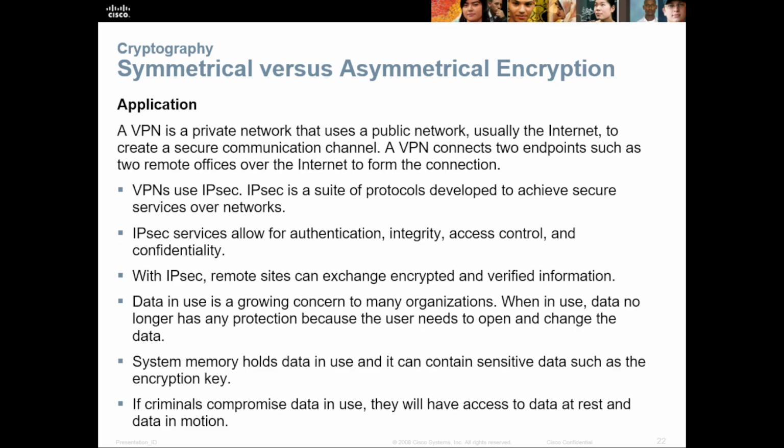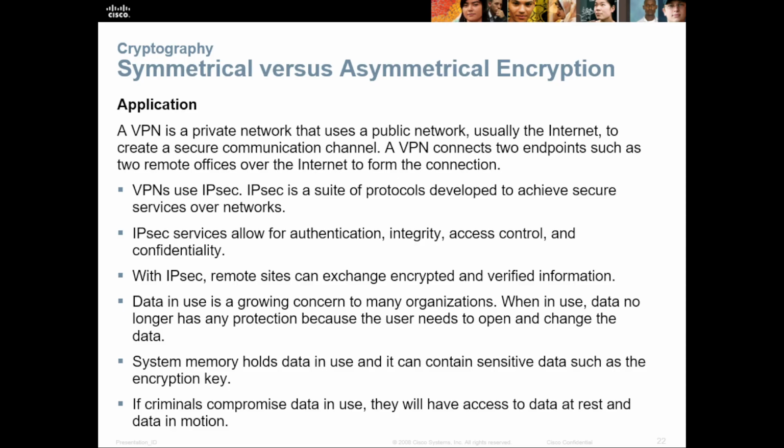So we also have VPN, which uses a public network, right? And usually uses the internet to create a secure communication channel. So a VPN connects two endpoints such as two remote offices over the internet to perform the connection.